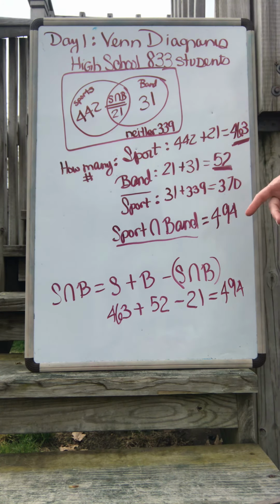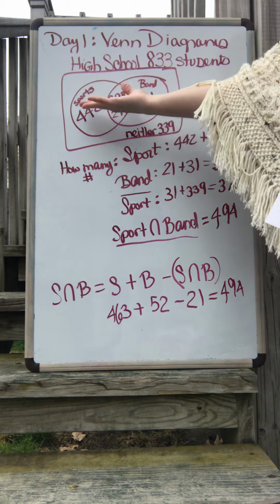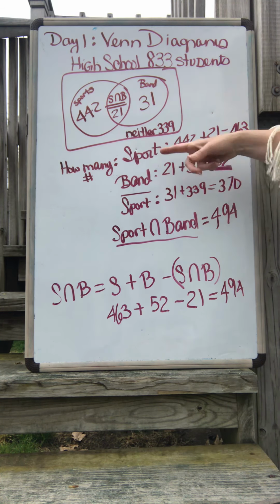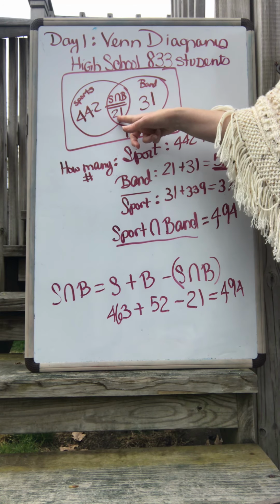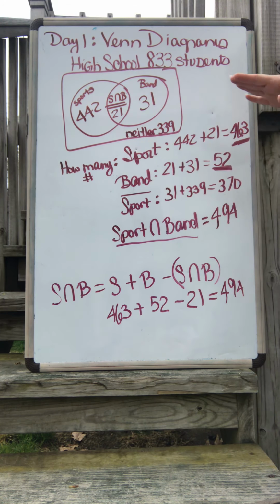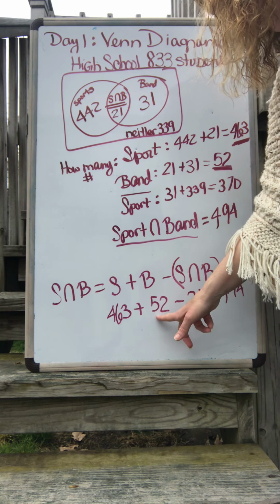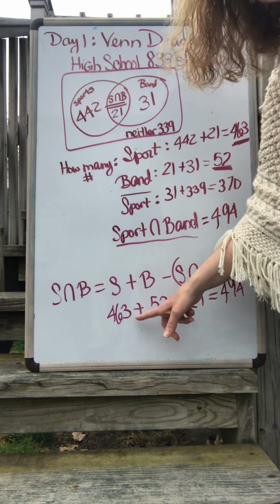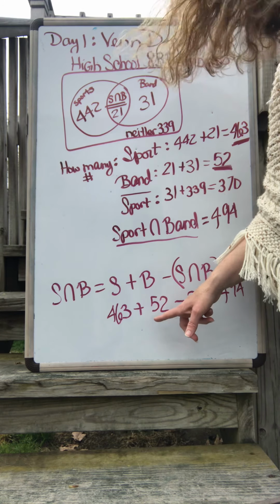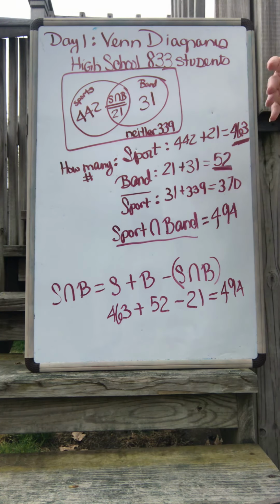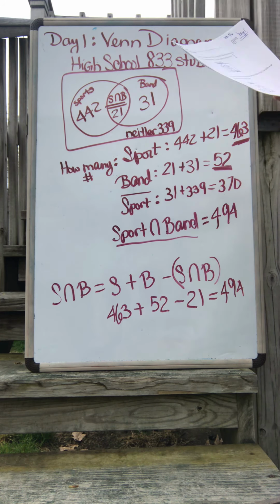So if you don't have a Venn diagram, sometimes it's just best to use the formula, but if you have a Venn diagram and you went through all the trouble of making it, for the OR you just add across, because the 21 will only be counted once. If you use the formula, the 21 is already here and the 21 is in here. So you counted those 21 students 2 times. That's why we take one of them out. So think about the logic of that.